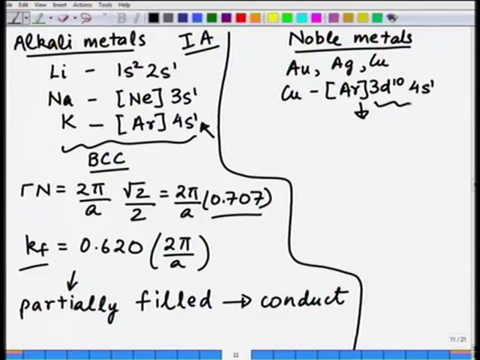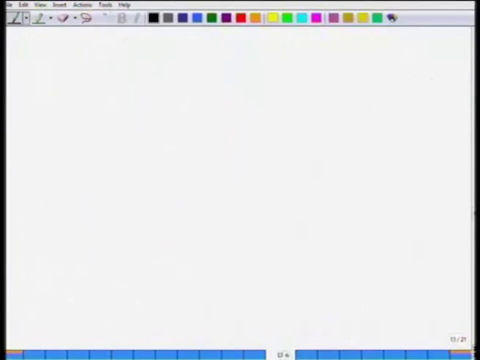I will state only in words because I want to be brief here. You will find that there are places where the d bands start coming very close to the s bands, and hence they interfere. They also play a part in conduction. So you might have to think in copper as if there are 11 electrons conducting rather than 1 electron. But yet there is no band gap in this material, and these noble metals also conduct reasonably well.